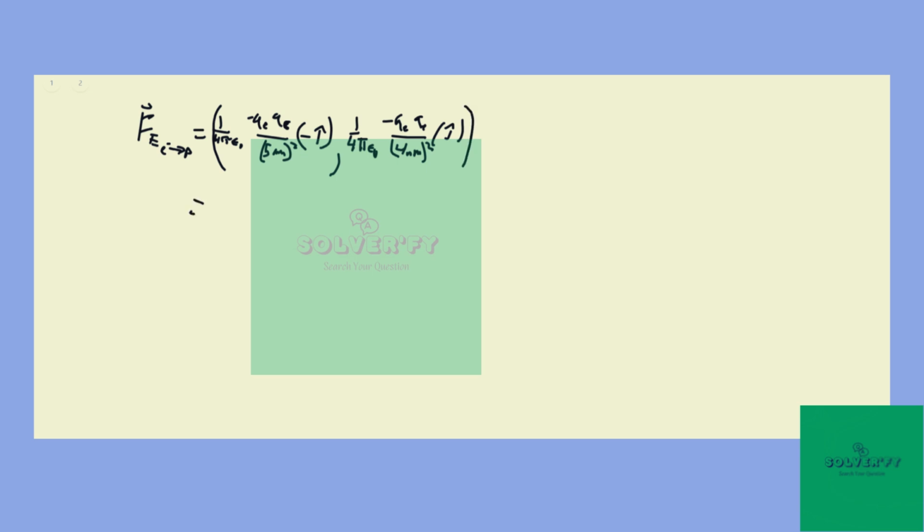Okay, so then what does this come out to be? This comes out to be negative 9.23 times 10 to the negative 12 newtons in the negative i hat direction, comma with negative 1.44 times 10 to negative 11 newtons in the j hat direction.